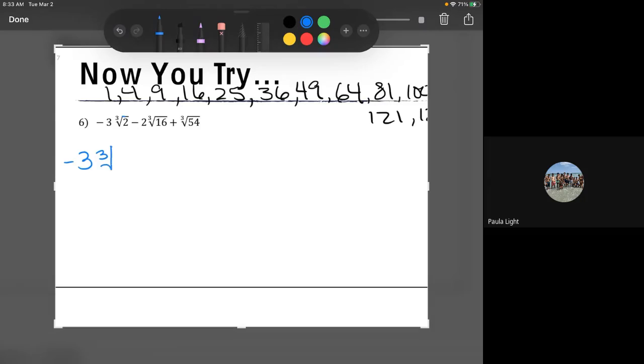So I'm going to rewrite the first one. Cubic root of 2. And now I've got minus 2 times 4. Whoa, wait a minute. We're doing cubic roots. Pay attention. All right, let me back that up. Cubic root.